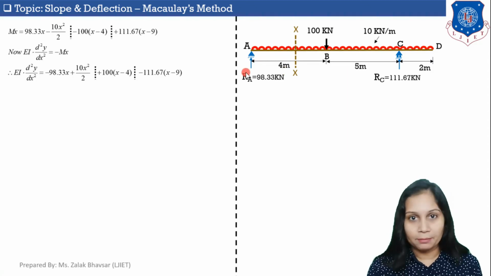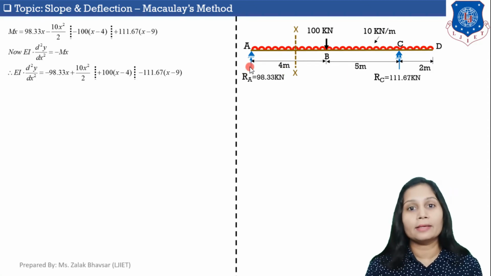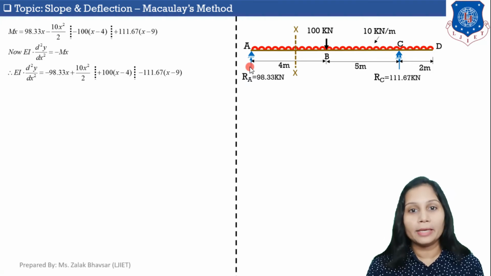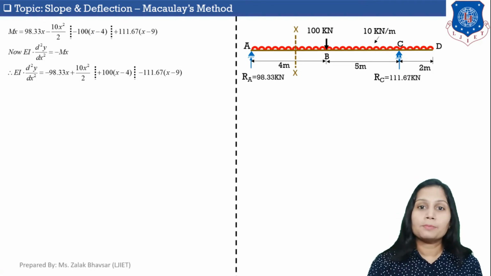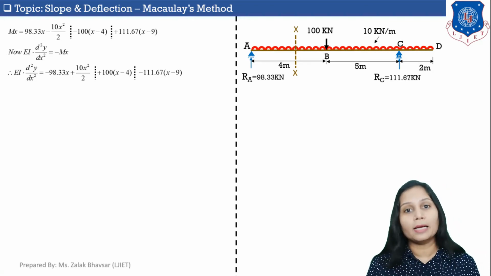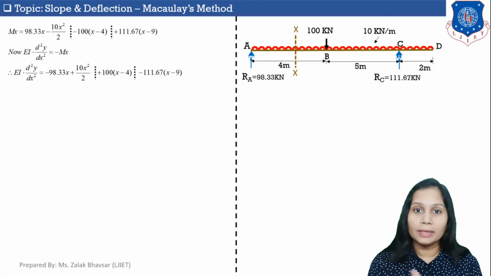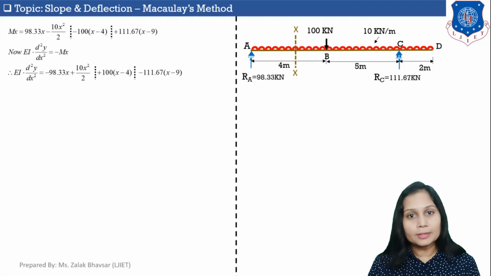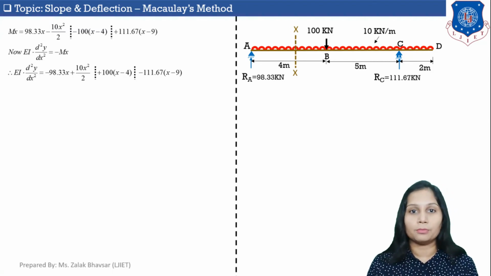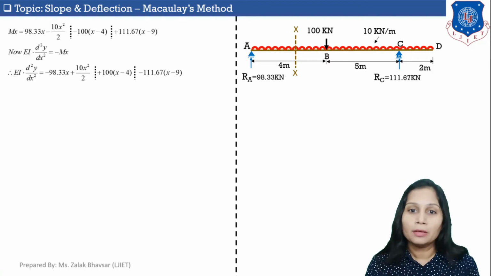In part AB, this reaction RA is acting in an upward direction, so it will generate clockwise moment about this section line XX. As per the Macaulay's assumption, while calculating moment on left hand side of the section line, all clockwise moment we will consider as positive and all anti-clockwise moment we will consider as negative.